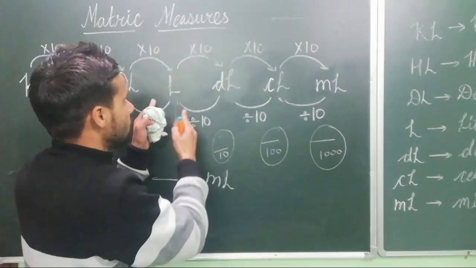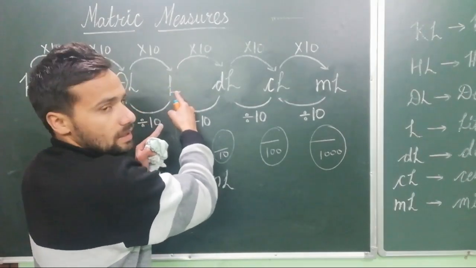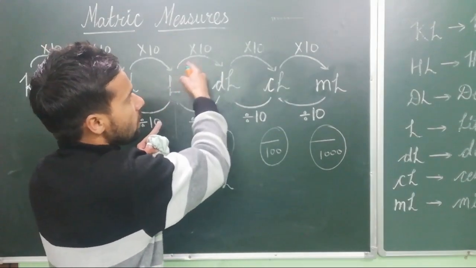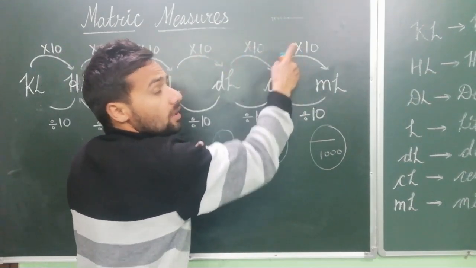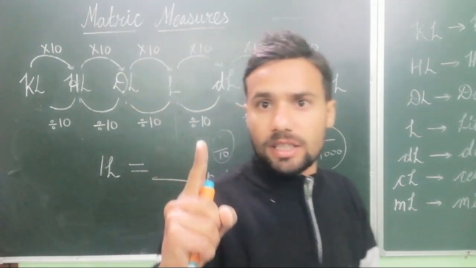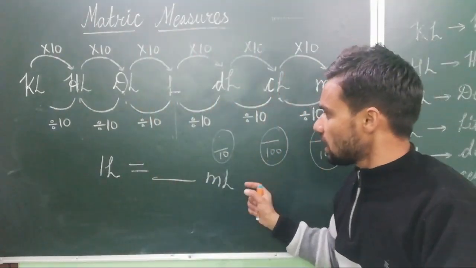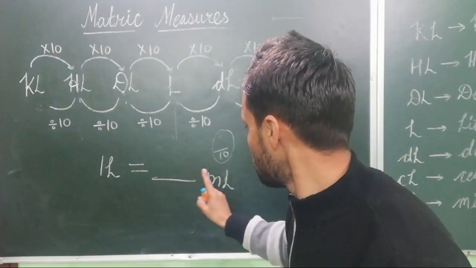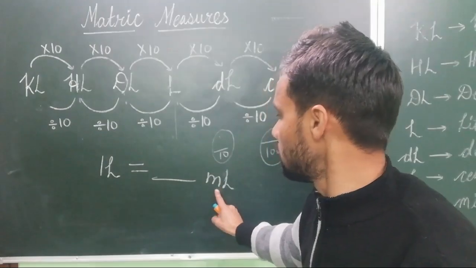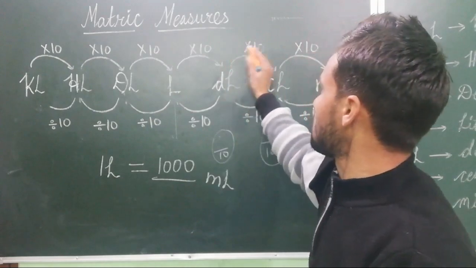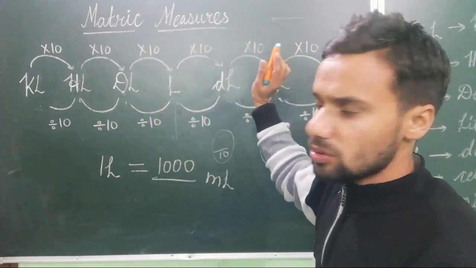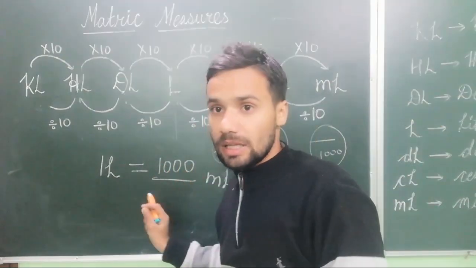In a complete way, you can say 1 liter is how many times bigger than this milliliter? 10 times 10 is 100, 100 times 10 is 1000 times. 1 liter is 1000 times bigger than this milliliter. So what do you write here? 1000. 1 liter is equal to 1000 milliliter.